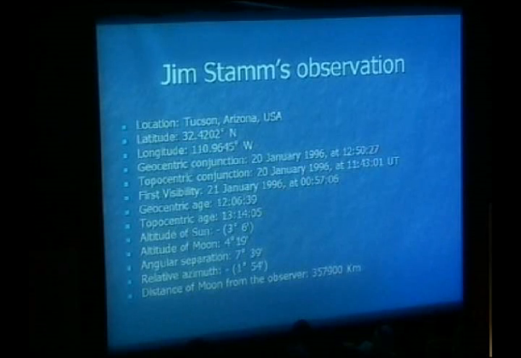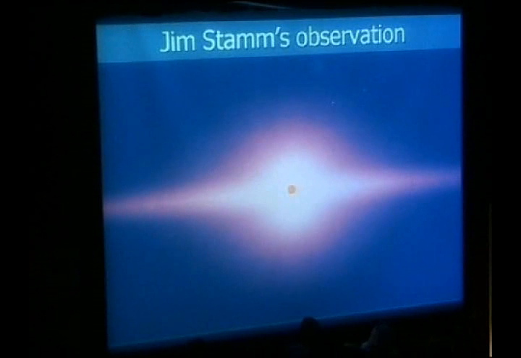You can look at the different parameters of sun and the moon, and we can find a fictitious competitor for him in this example. I call him Mr. Stam's twin brother. You can see the location of Mr. Stam is Tucson, Arizona, and this is what he saw, a simulation of what he saw.